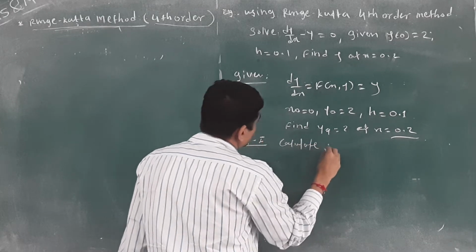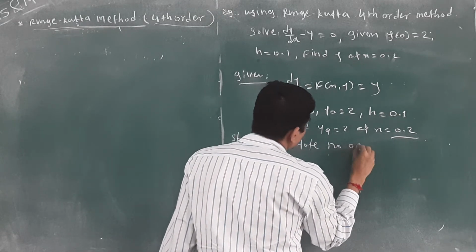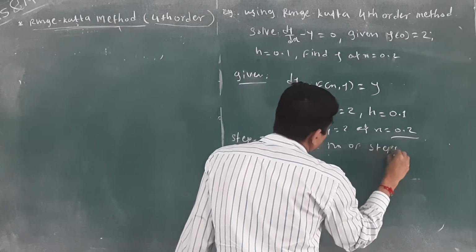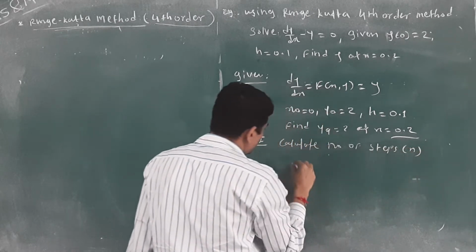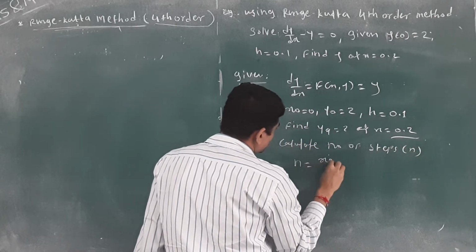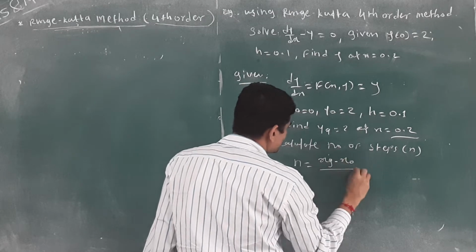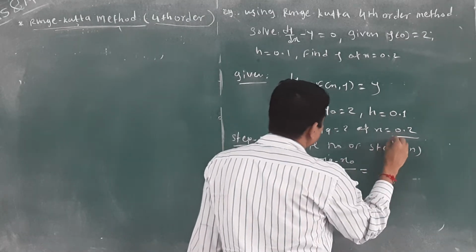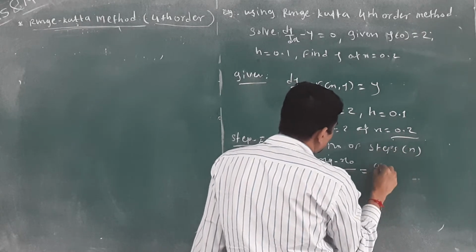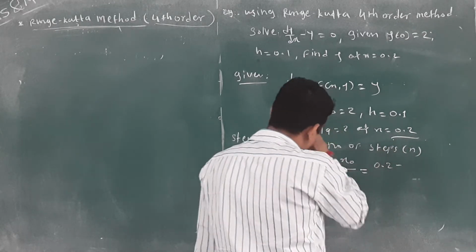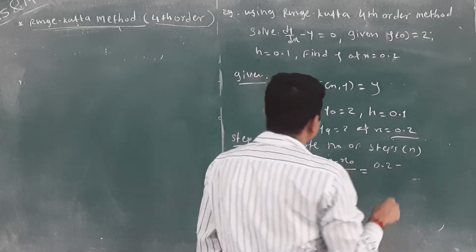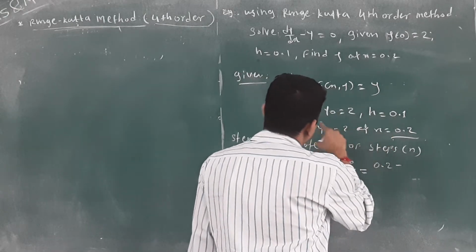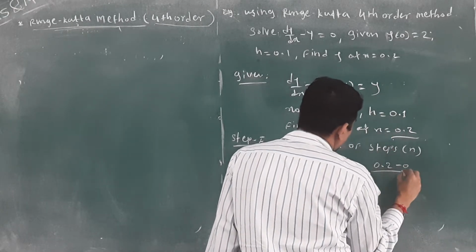Calculate the number of steps. The number of steps is denoted by small n, is equal to, what is the formula? xg minus x0 divided by h. What is the xg value? Xg is given 0.2 minus, what is the value of x0? X0 is given 0, divided by h.